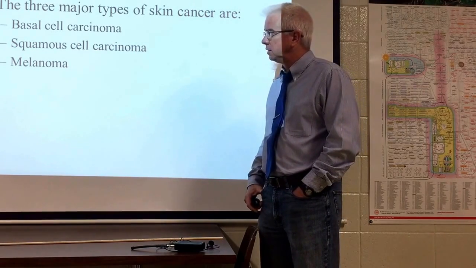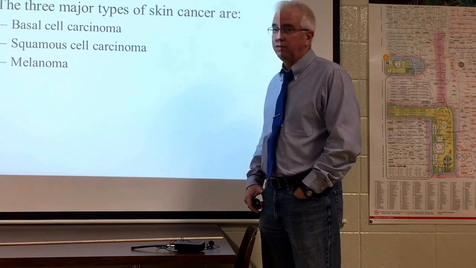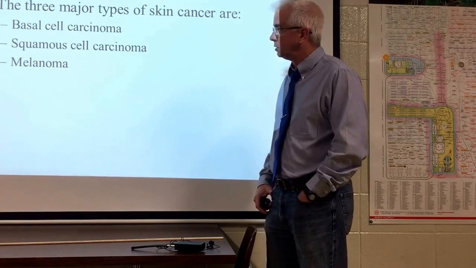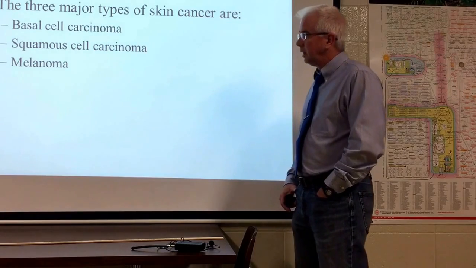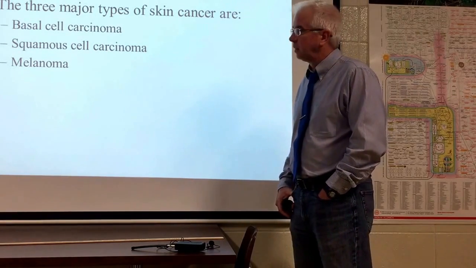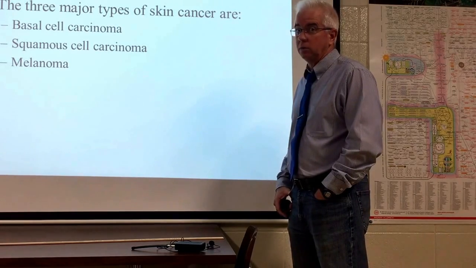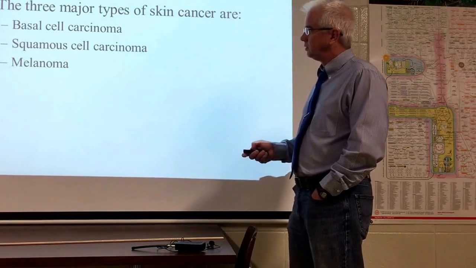And the cells that become cancerous, malignant, can spread very easily because of their position. Once a melanoma has broken through the basement membrane of the basal layer of the epidermis, survival rates are very low. So it's an extremely dangerous kind of skin cancer.